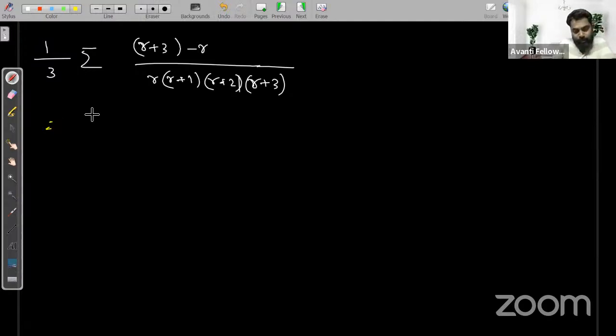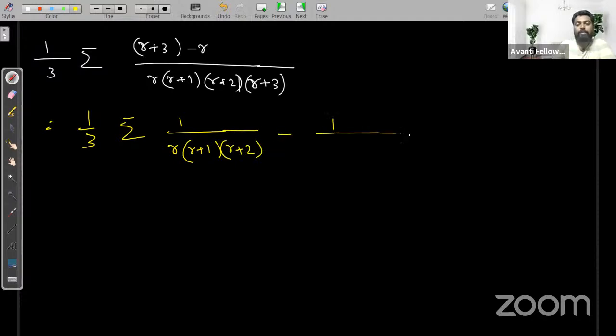So this becomes 1 by 3 summation. When we divide r by r plus 3 upon the denominator, I am getting 1 upon r into r plus 1 into r plus 2 minus 1 upon r into r plus 2 into r plus 3, right?